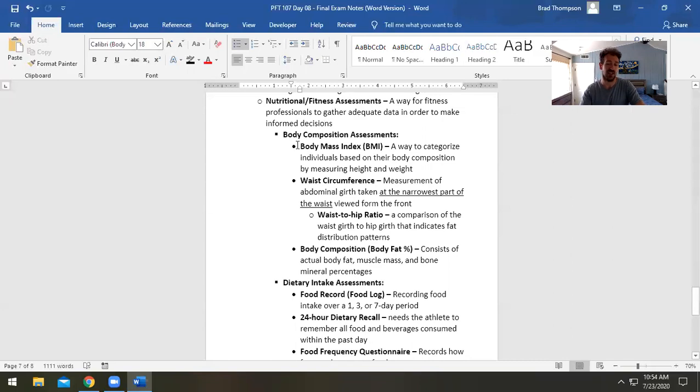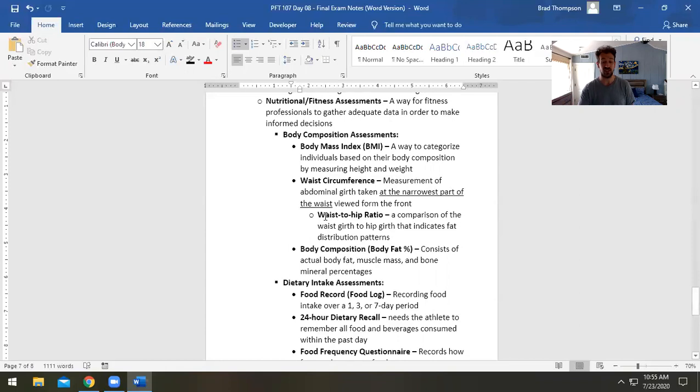So body composition assessments include things like the body mass index, which is categorizing somebody's body composition based on their weight in kilograms divided by their height in meters squared. We also have waist circumference measurements, where we measure abdominal girth at the narrowest part of the waist. We do know that excessive belly fat has been associated with certain diseases and conditions.